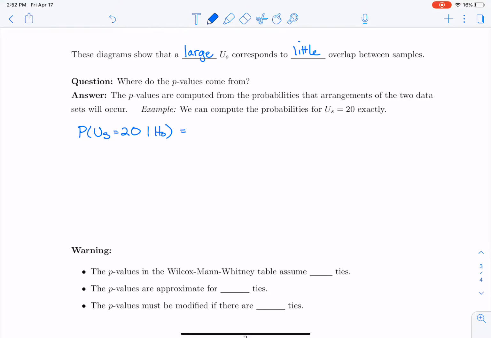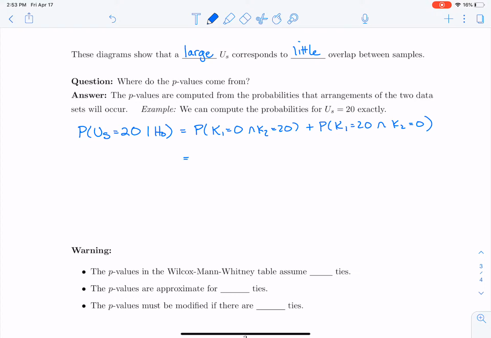So if U sub S is equal to 20, that's going to be the probability that K1 equals 0 and K2 equals 20, plus the probability that K1 equals 20 and K2 equals 0.